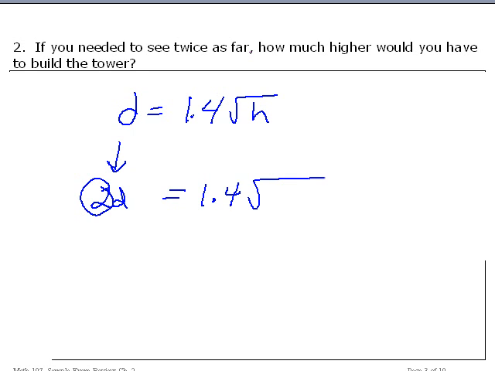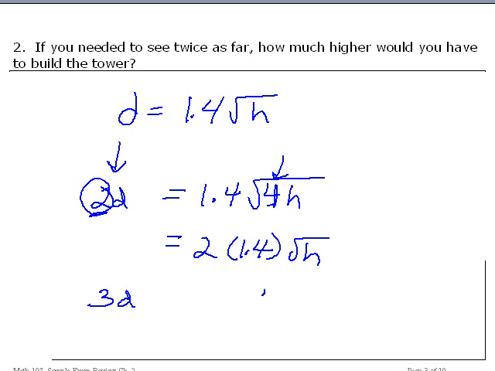Whatever's going to happen has to come in under the square root sign. So it would be 4h, because when I take that square root, I get 2 times 1.4 times the square root of h. You see, because it's under the square root sign, if I want to double it, I have to increase the height by 4. What if I want to triple it?